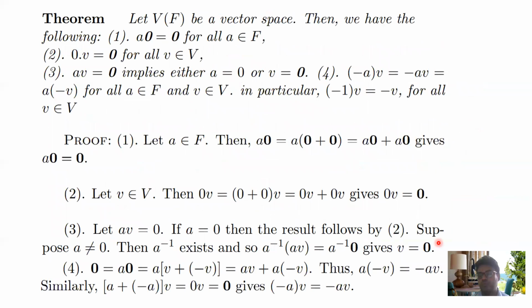Some properties, the most important properties of a vector space. Let V be a vector space over a field F. Then we have the following.